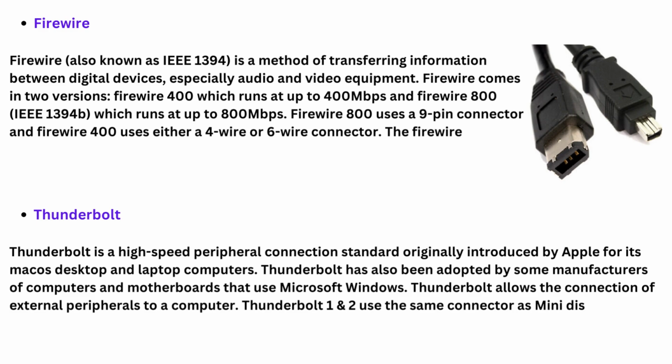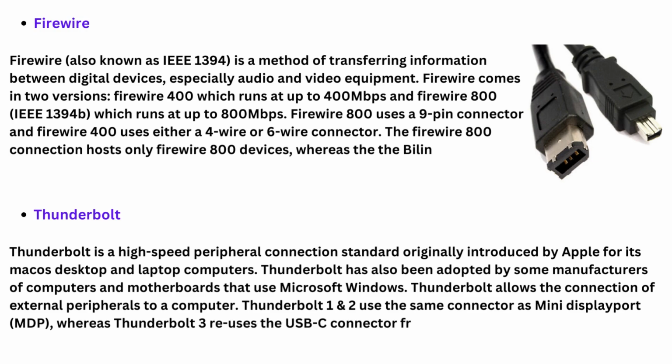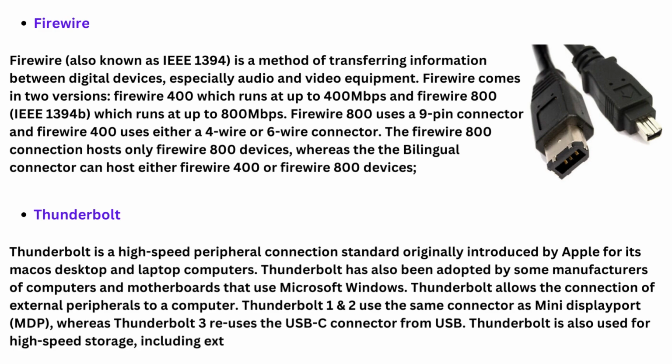Thunderbolt. Thunderbolt is a high-speed peripheral connection standard originally introduced by Apple for its macOS desktop and laptop computers. Thunderbolt has also been adopted by some manufacturers of computers and motherboards that use Microsoft Windows. Thunderbolt allows the connection of external peripherals to a computer.